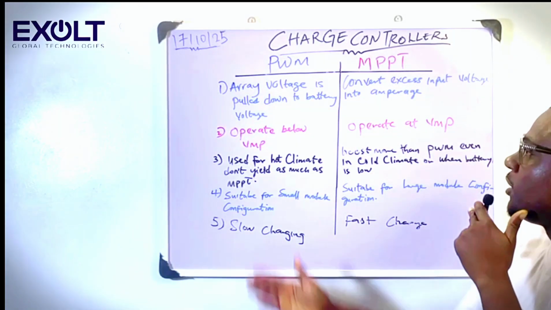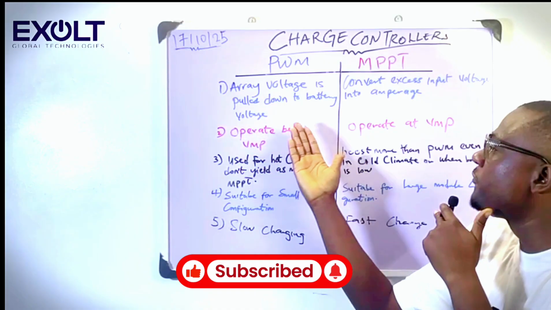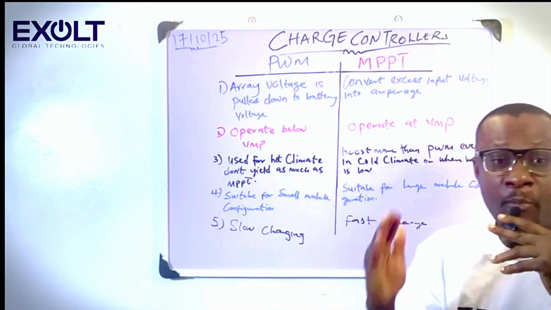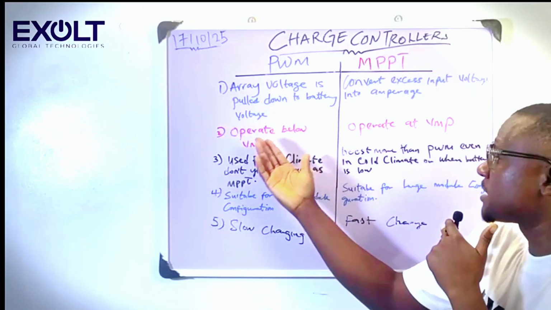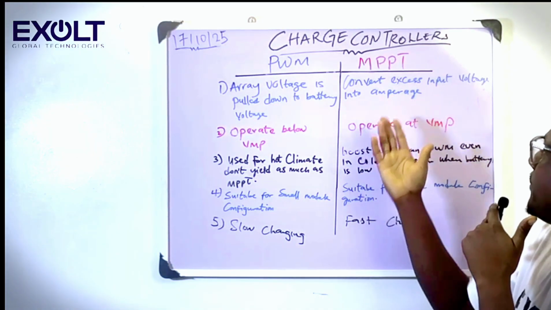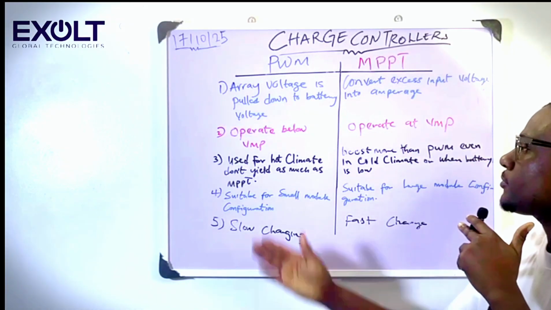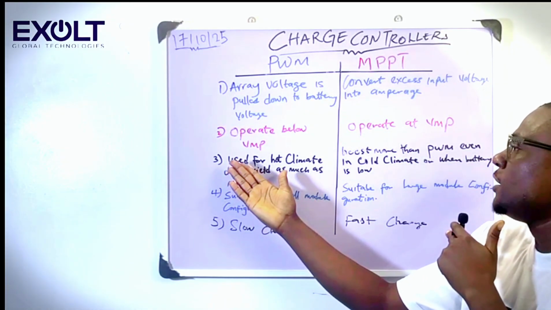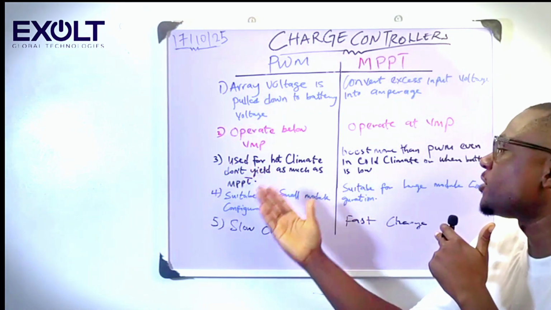Now the PWM operates below VMP, which is the maximum power of the system from the panel, the maximum power that is in voltage, while the MPPT operates at VMP. It is usually used for hot climates and doesn't yield as much as MPPT.